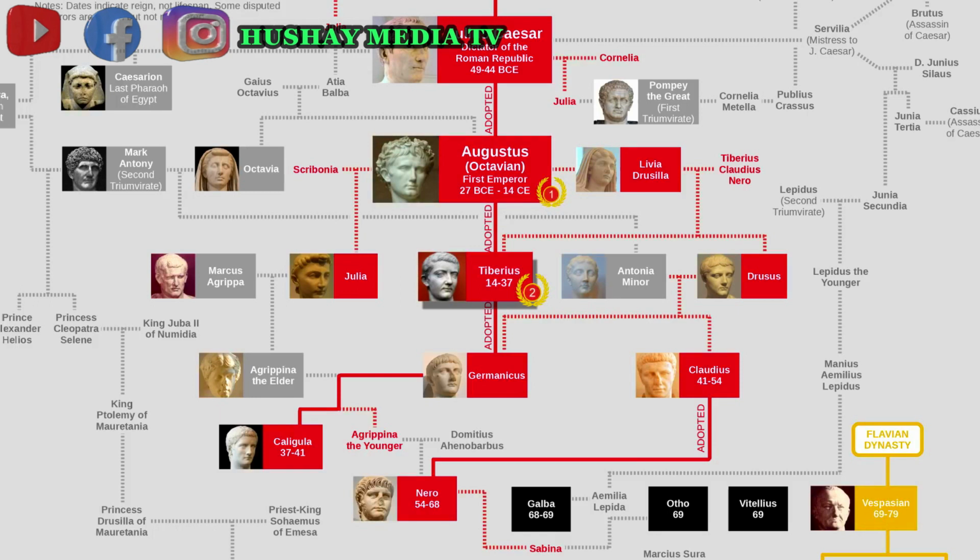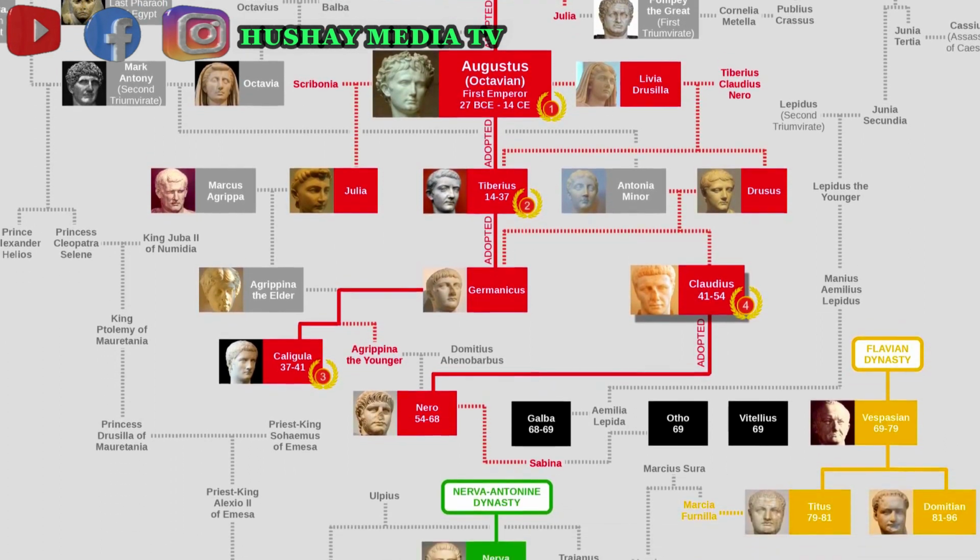Now, part of the agreement was that Tiberius would adopt Germanicus, son of Drusus. Hence, the line would eventually go through Drusus after all. Germanicus was meant to be the 3rd emperor, but he died before Tiberius, and therefore his son Caligula became the next emperor. Caligula had a short reign and was assassinated, so the emperorship then went to the brother of Germanicus named Claudius.